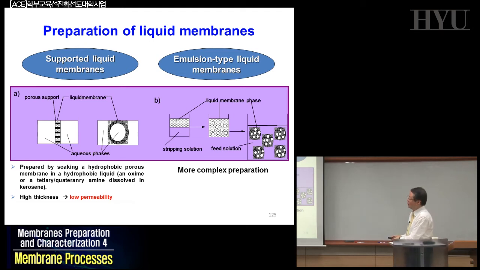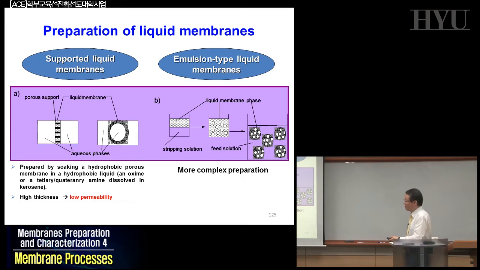And recently, I think we are only accepting SLM, because SLM has a solid membrane substrate, whereas the emulsion type liquid membrane is one where you do not have any support. Of course, you have a transfer property, but we cannot say that this is a membrane.